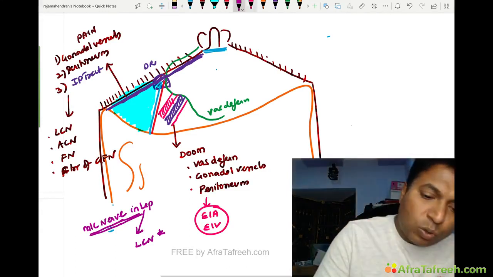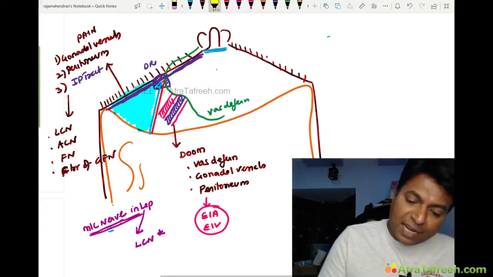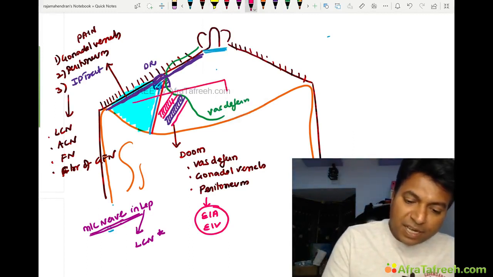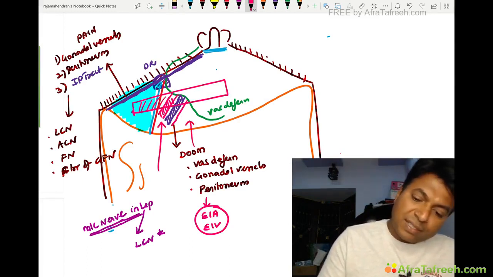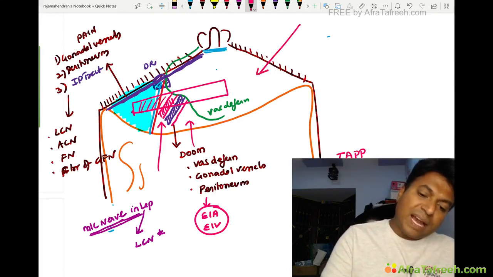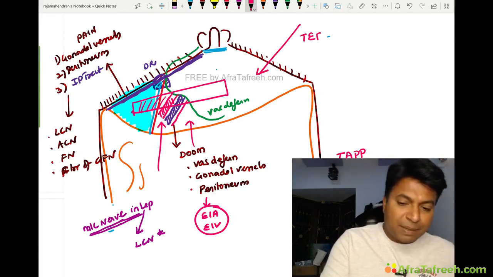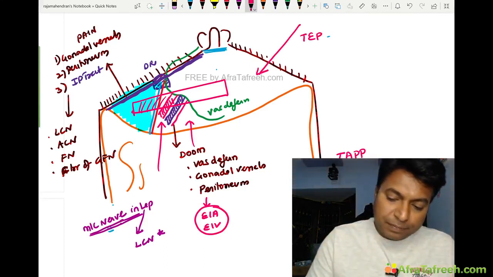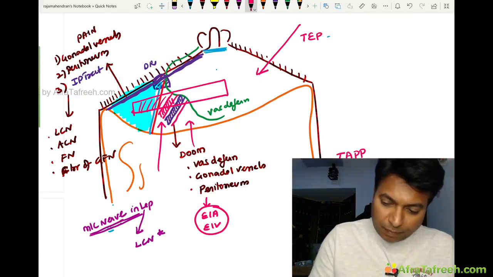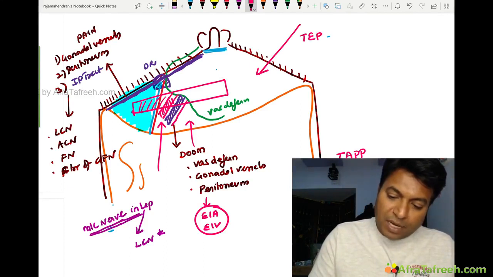If I go through laparoscopy from inside the abdomen, and keep a mesh here, going via this way it is known as TAP. If I go via this way, directly extraperitoneal, it is known as TEP. TAP is transabdominal pre-peritoneal repair.